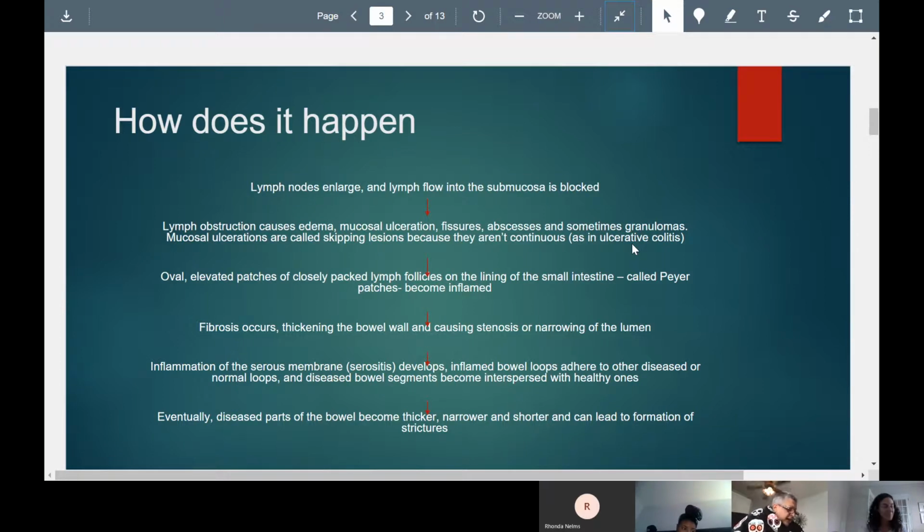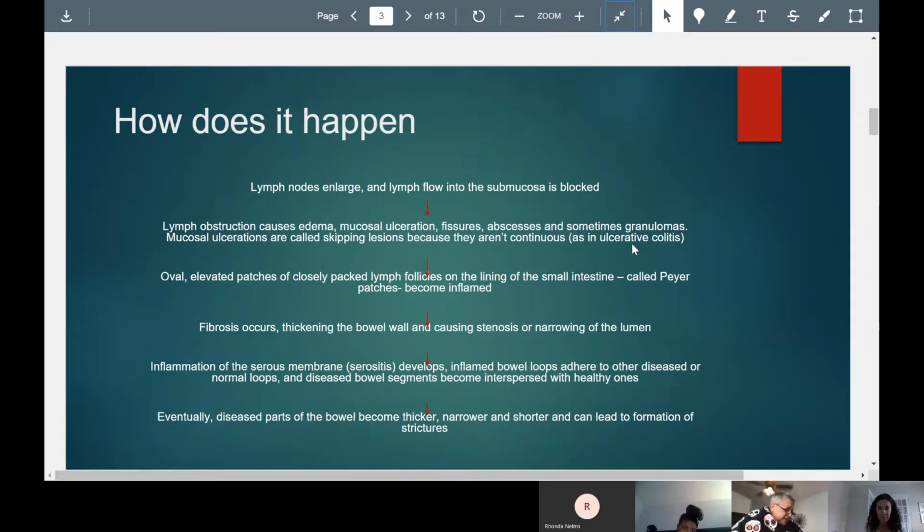Overall, elevated patches of closely packed lymph follicles on the lining of the small intestines called Peyer's patches become inflamed. Next, fibrosis occurs, thickening the bowel wall and causing stenosis or narrowing of the lumen. Then the inflammation of the serous membrane develops, which is serositis.